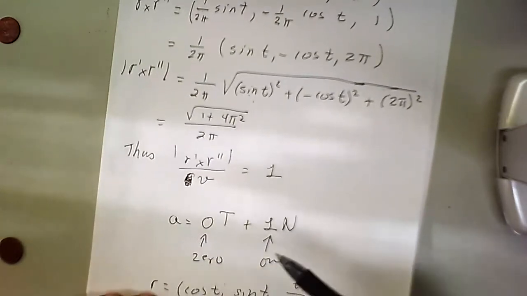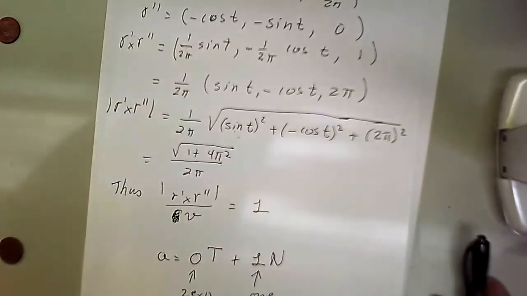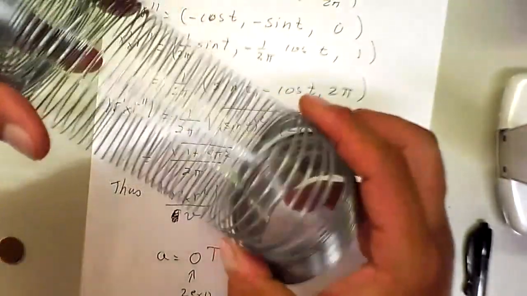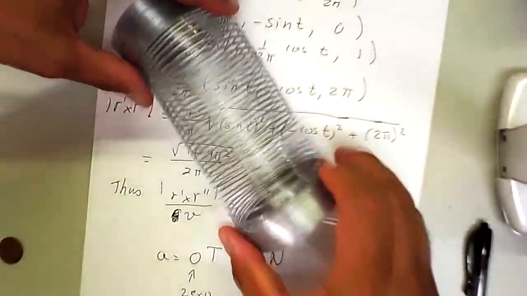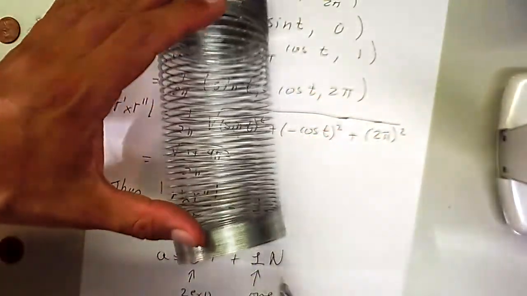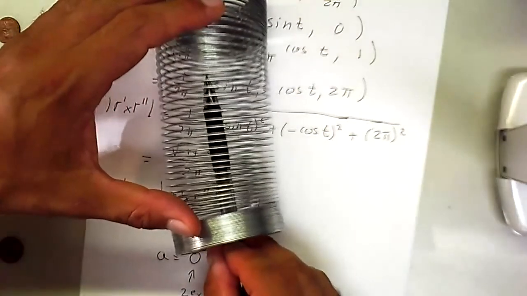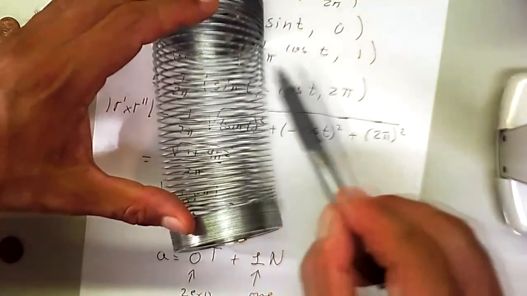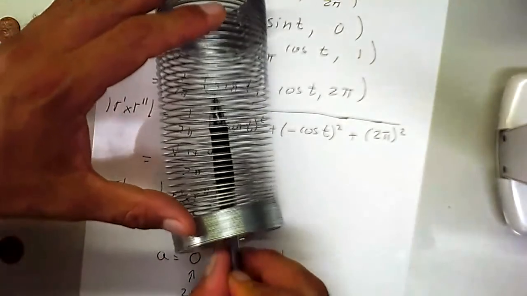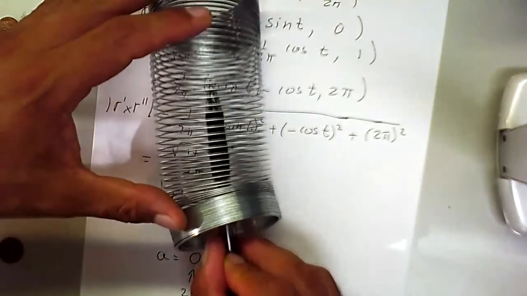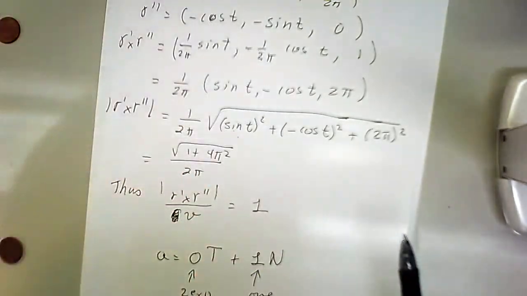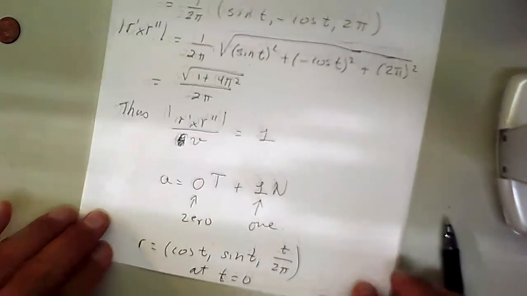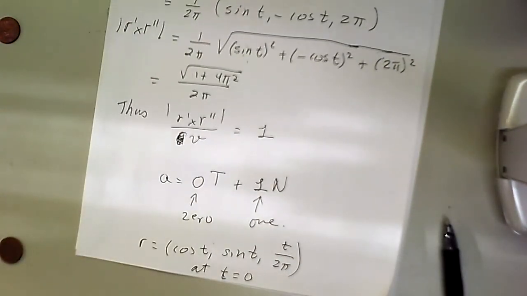The acceleration is always going towards the center. So here's my slinky. The center is here, and the acceleration is always towards the center, even though this is a helix, and it's moving upward or downward, depending on how you're looking at it. The acceleration is always towards the center, which is very, very interesting. So we're going to stop this video here.